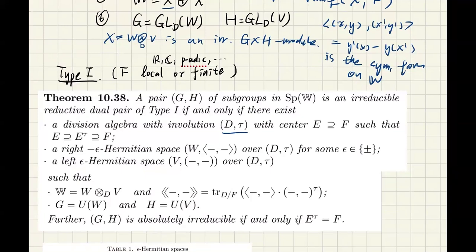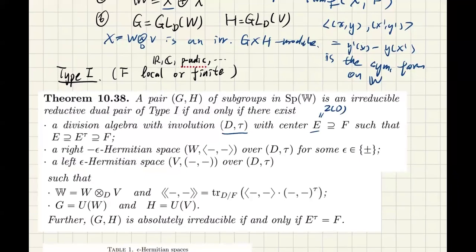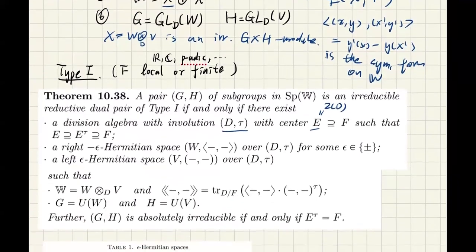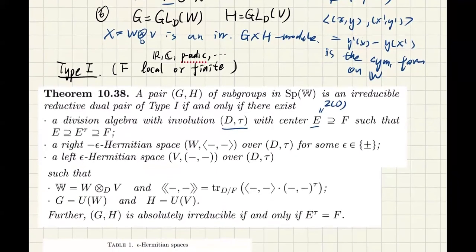Notice that this tau can be the identity map. The center of D is called E, it contains F, and E^tau, the tau-fixed elements, also contains F. So the involution on F is the trivial action.